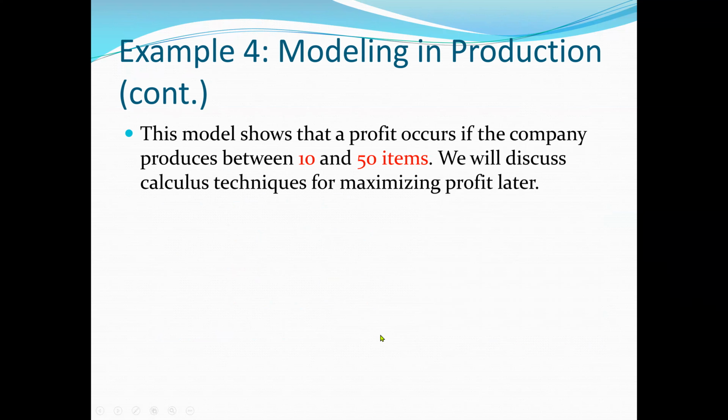So this model showed that, as we said, profit occurs if the company produces between 10 and 50 items. We're going to discuss calculus techniques to maximize profit later. In calculus, to maximize profit, normally we use differentiation. We differentiate or find the derivative. We use the derivative techniques.